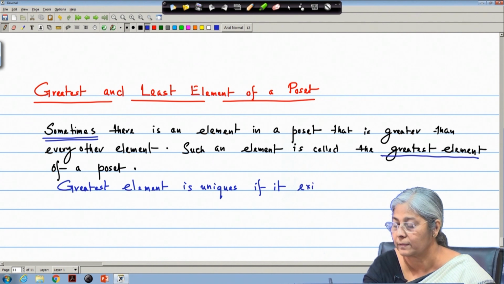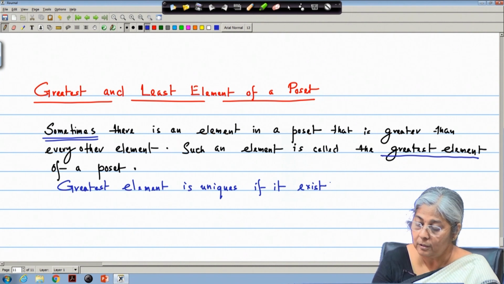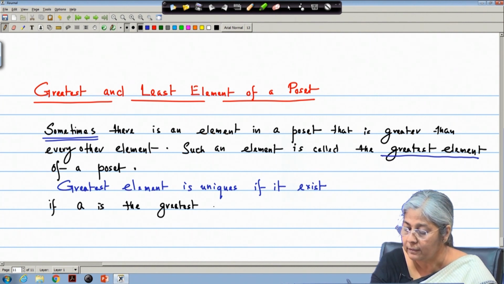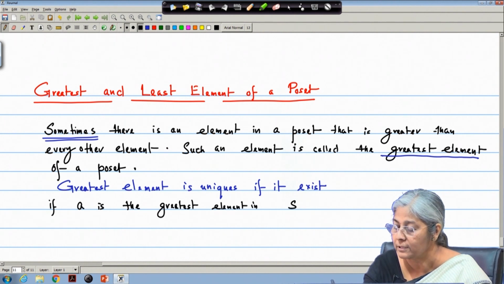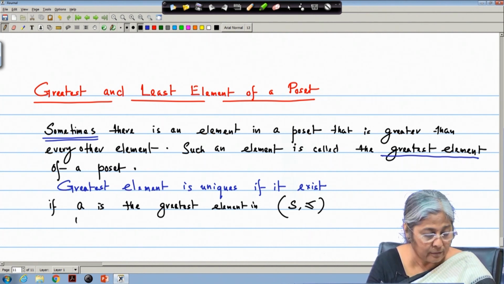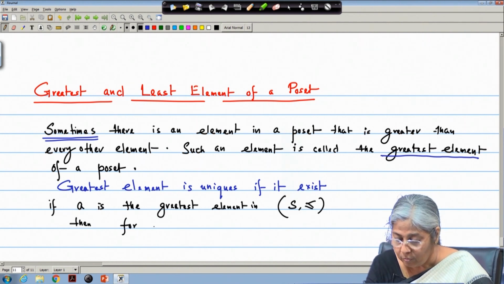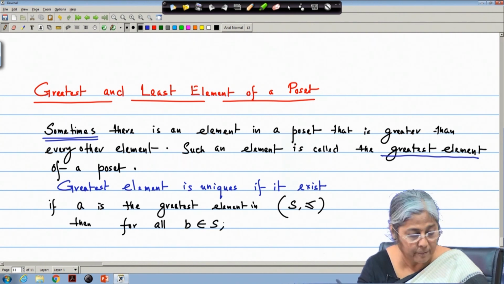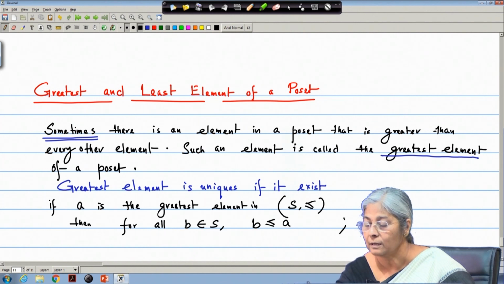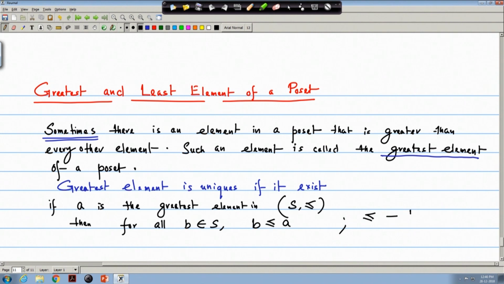If we call that A is the greatest element in the poset S, then I can write for all elements B belonging to S that B is less than A, because just now we have introduced this notation. So this is my greatest element.